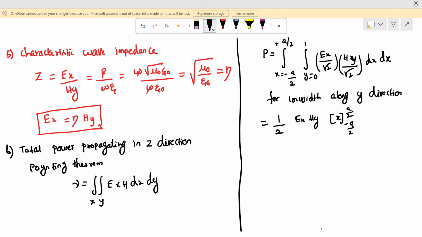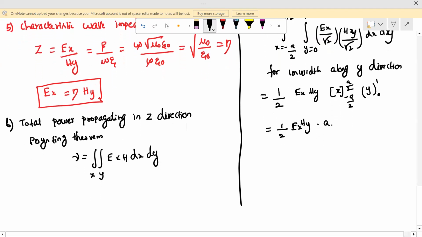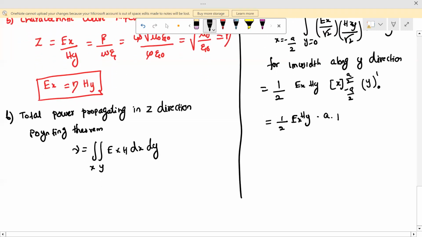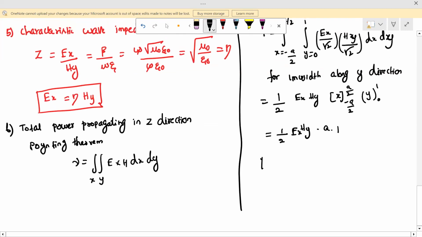Integral dy is y with the limit 0 to 1. If you substitute the limits and solve, this becomes a, and the value of the y integral is 1. So the total power propagating in z direction is given by 1 by 2 Ex Hy into a.